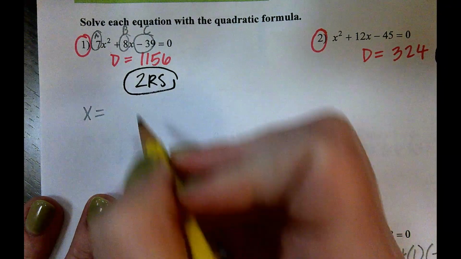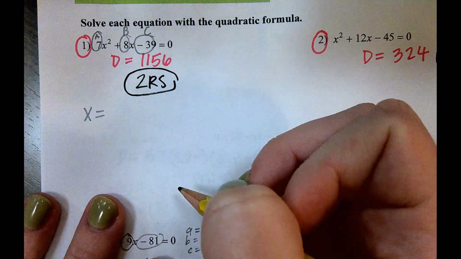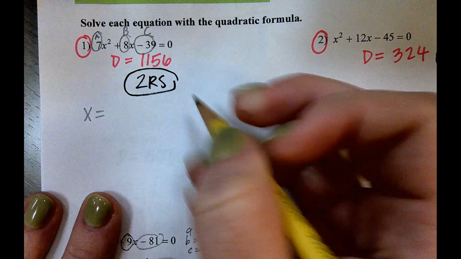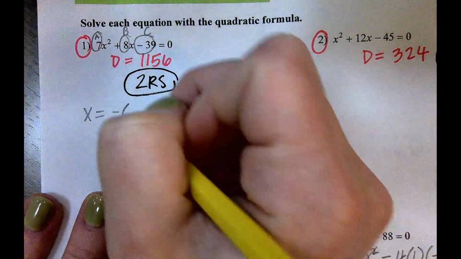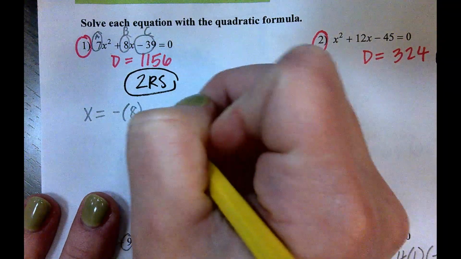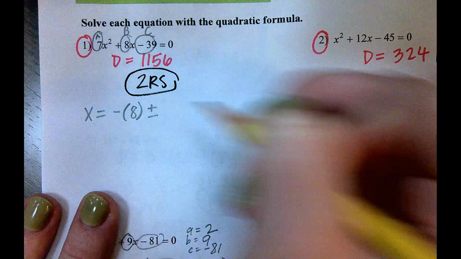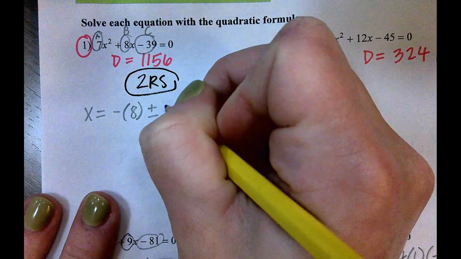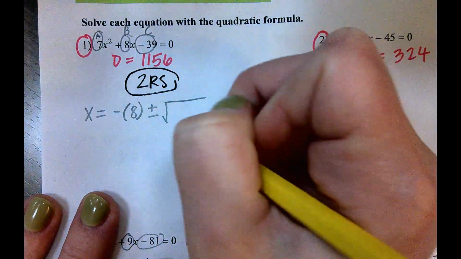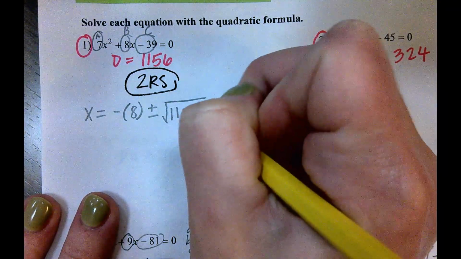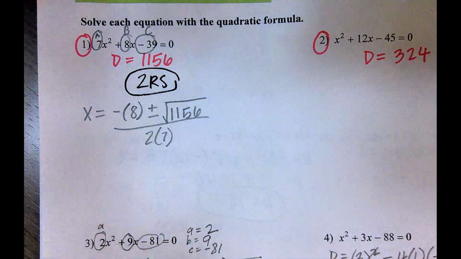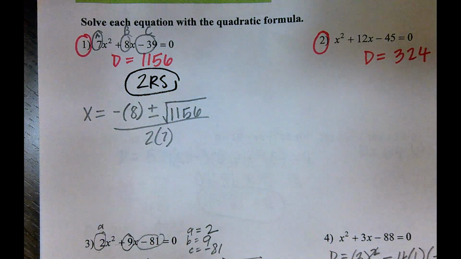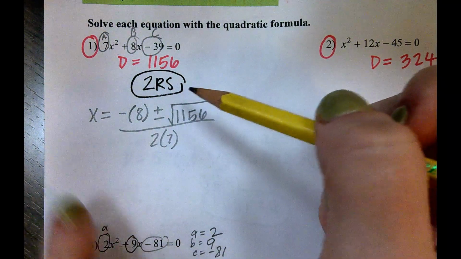And who can tell me what to do next? Alicia, you got it? Okay. So it's negative parentheses 8, and then plus or minus, and then the square root of 1156, over 2 times 7. Perfect. Okay, so where did you go from here?